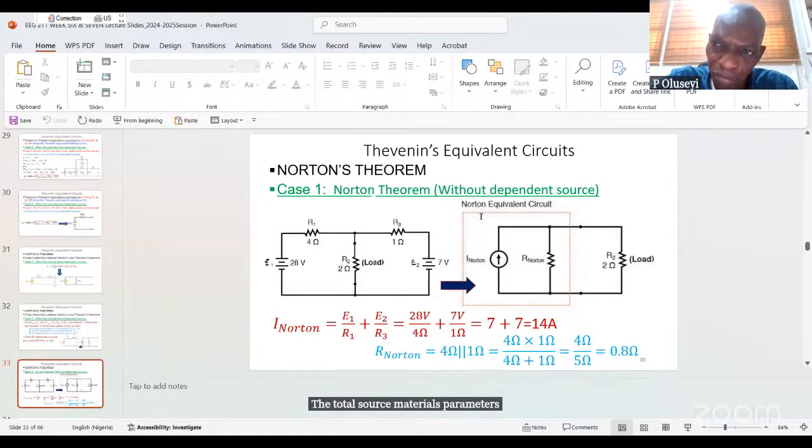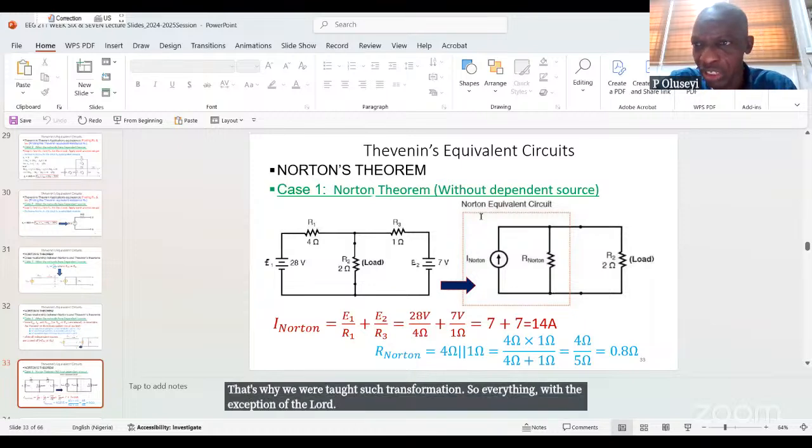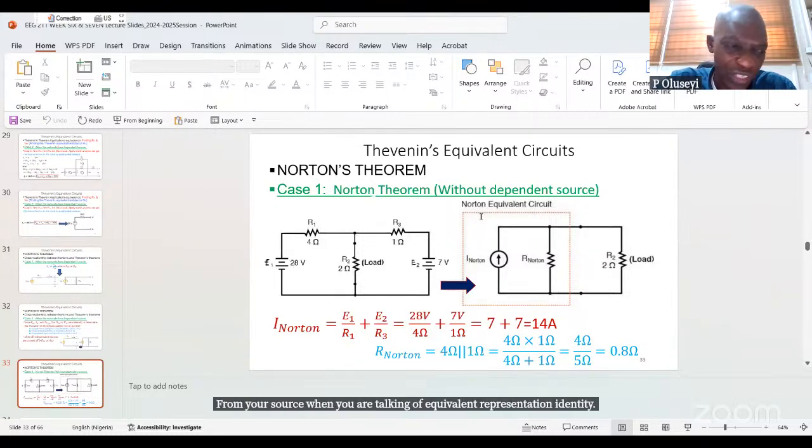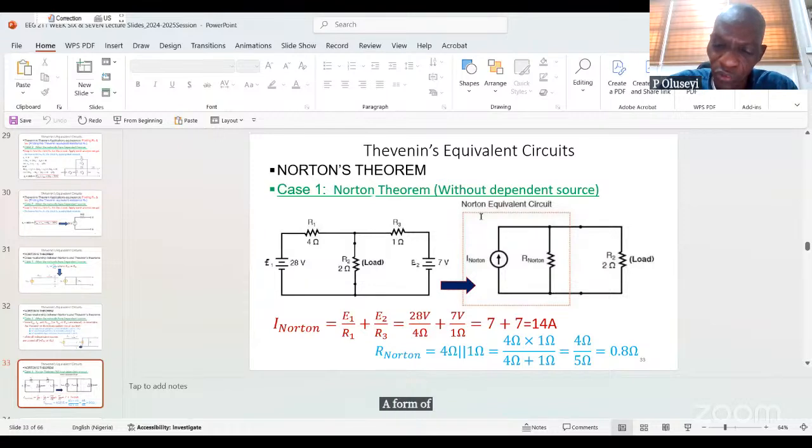What do I mean by source parameters? That's why we were taught source transformation. Everything with the exception of the load forms your source when you are talking of equivalent representation, either in form of Thevenin's or Norton's.